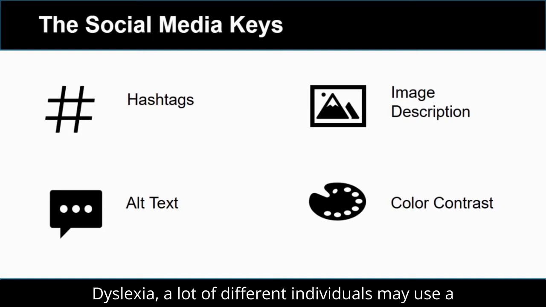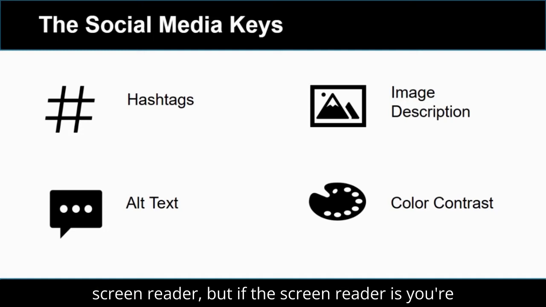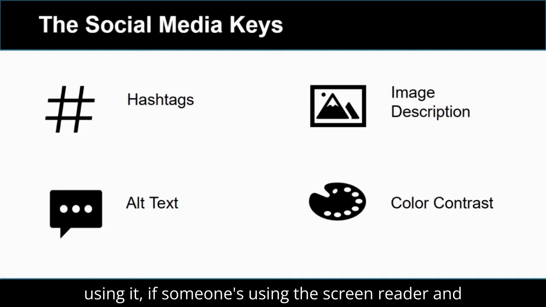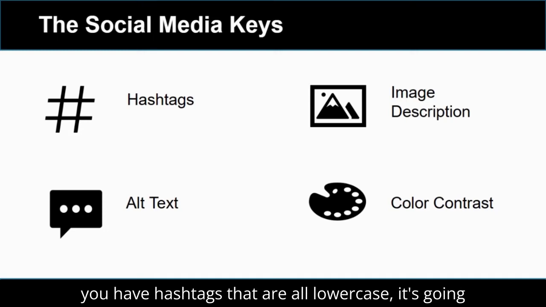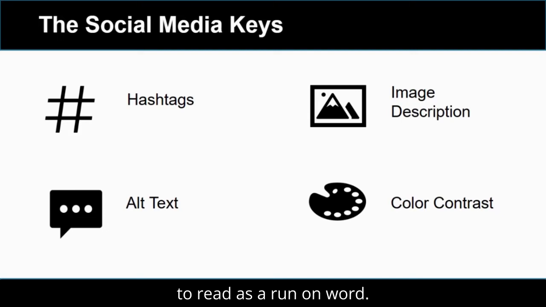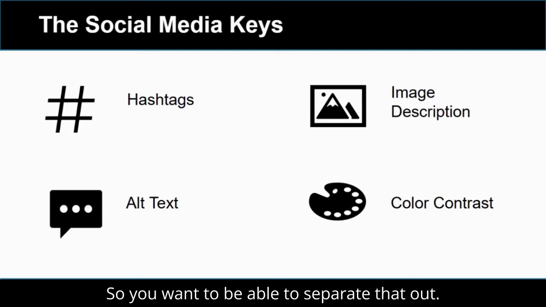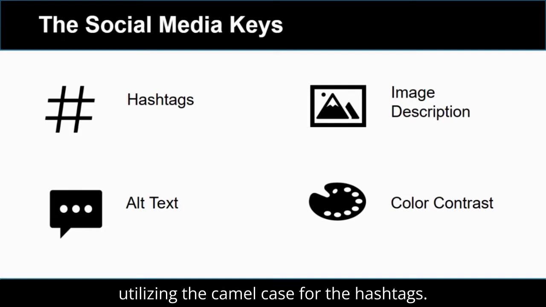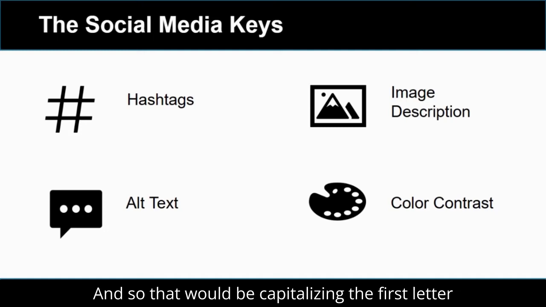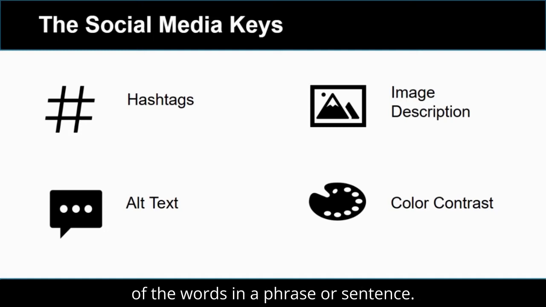A lot of different individuals may use a screen reader. If you have hashtags that are all lowercase, it's going to read as run-on words. So you want to separate that out, and how you do that is by utilizing CamelCase for the hashtags, capitalizing the first letter of the words in a phrase or sentence.